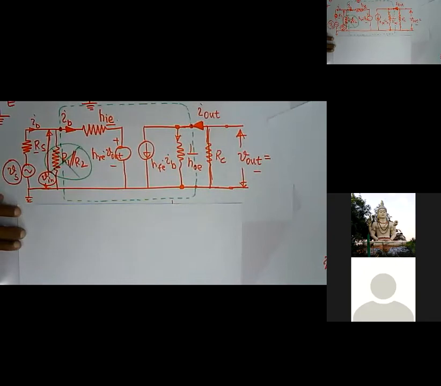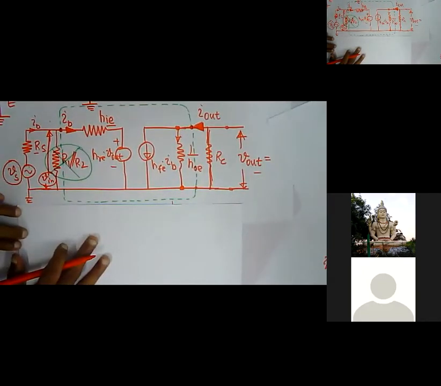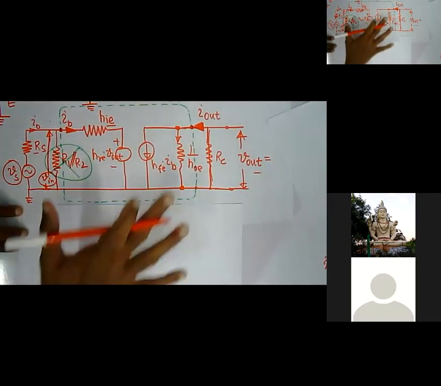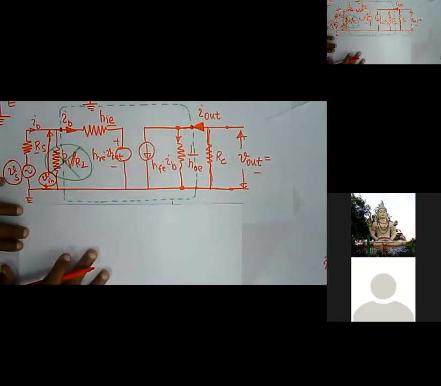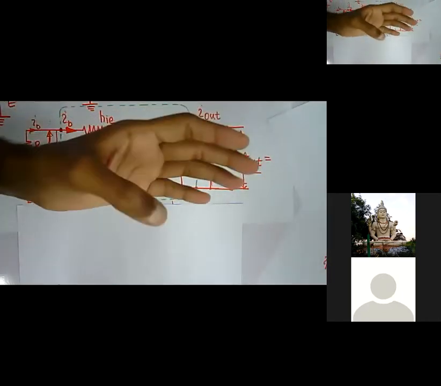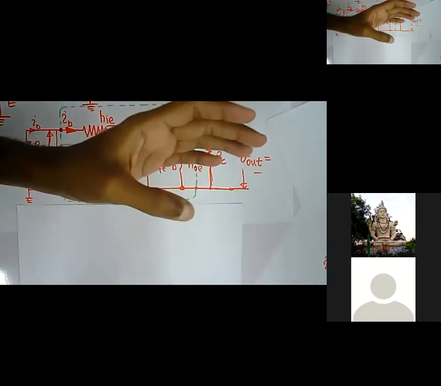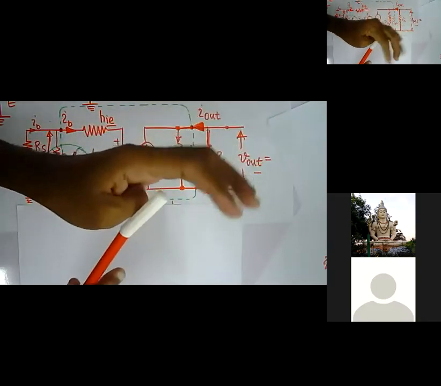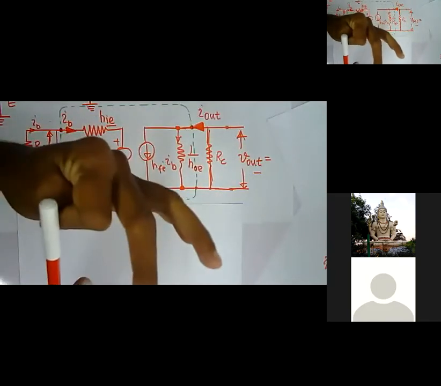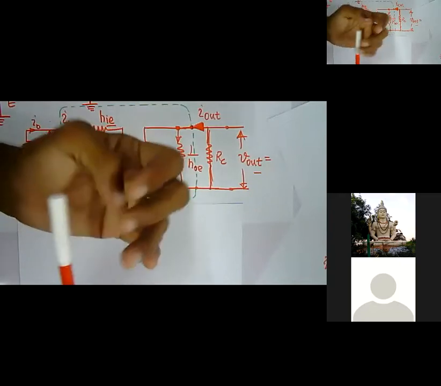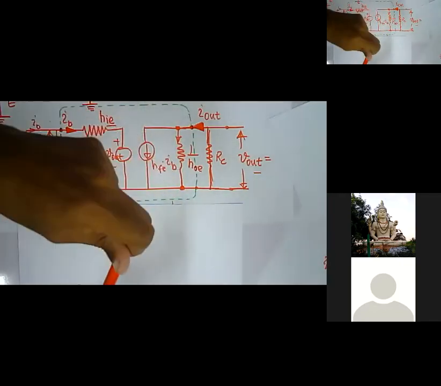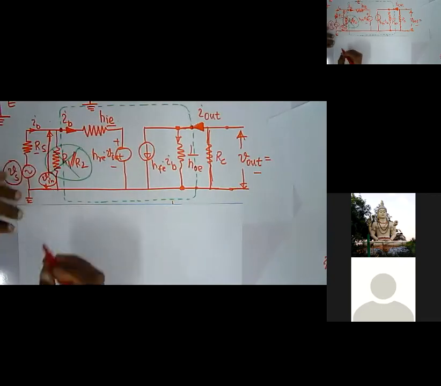Okay, so the output impedance calculation is completely different from all the other three derivations. We have done the current gain, then Z in, and then voltage gain. Now we are moving to the output impedance, so Z out.